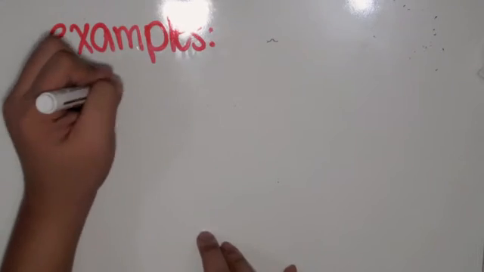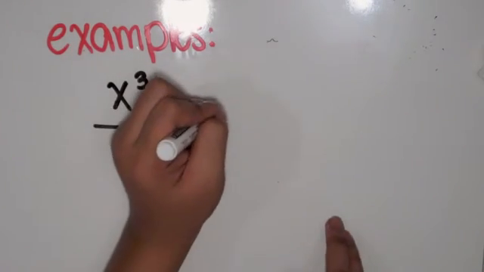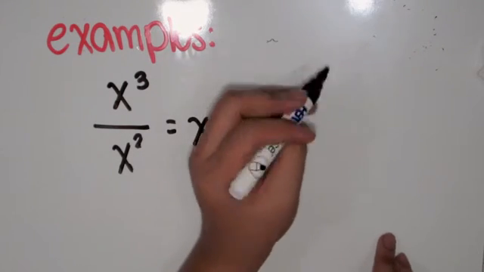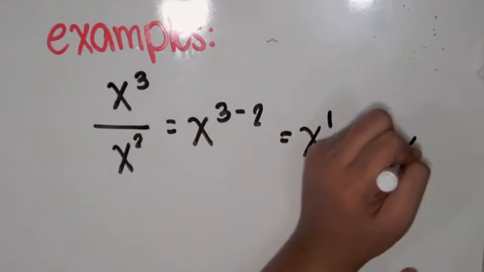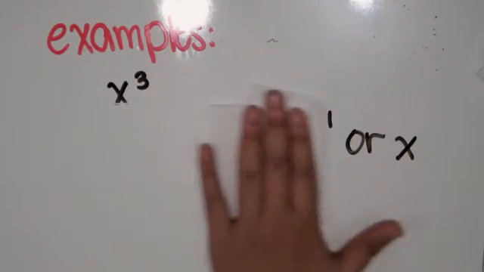Let's give an example. x cubed over x squared equals x raised to 3 minus 2 equals x raised to 1, or simply x.